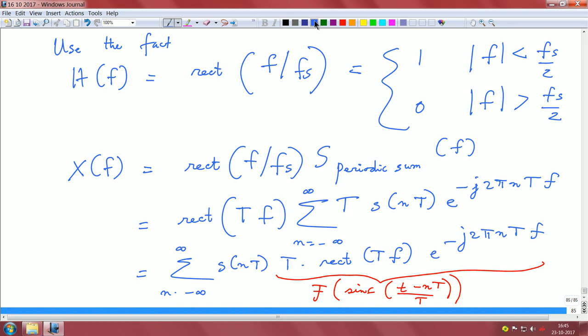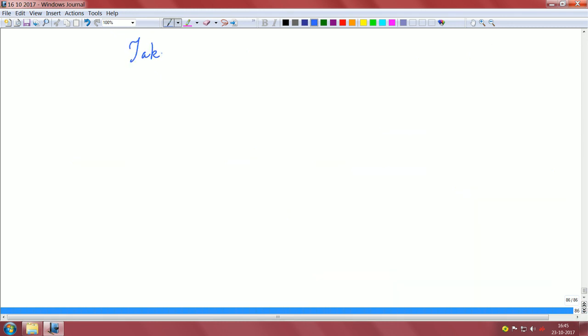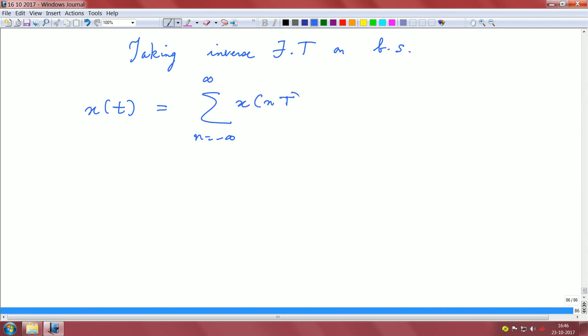You just take the inverse Fourier transform on both sides of this equation, we have x of t equals summation n equals minus infinity to plus infinity x of nT sinc of (t minus nT) by capital T. Again, because Fourier transform is linear, right.